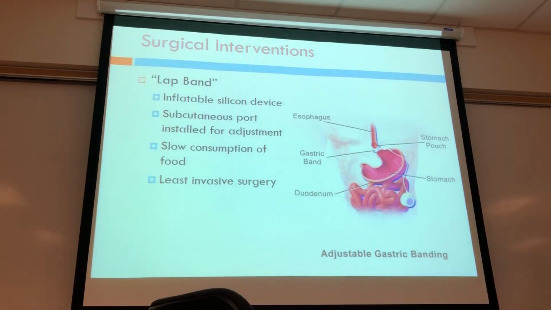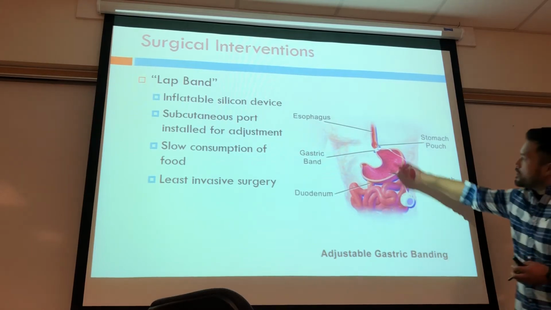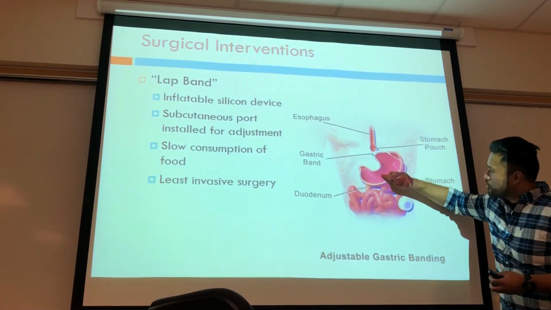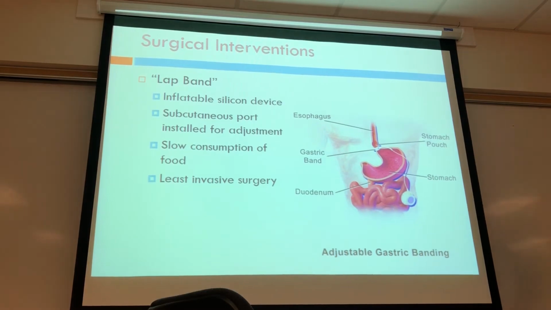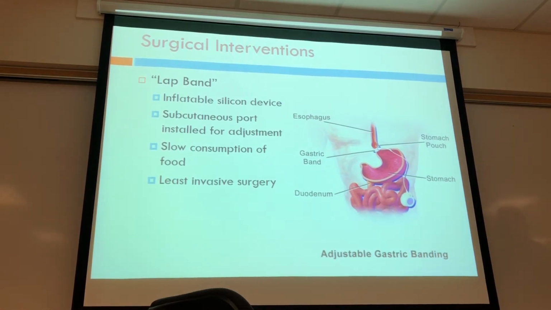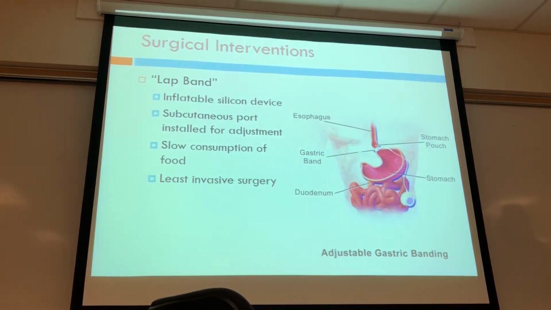And that band, again, limits the rate at which the stomach fills. So this fake pouch that's created is the area that will store the food, and it'll eventually squeeze through and make its way into the rest of the stomach. So the theory behind this is not to cut anything apart, but to slow the rate at which we can fill the stomach, to give you the feeling again of satiety.